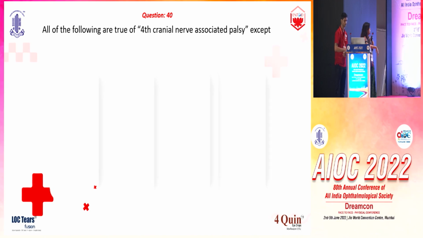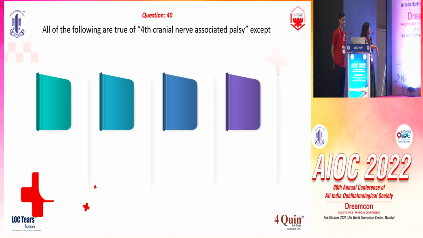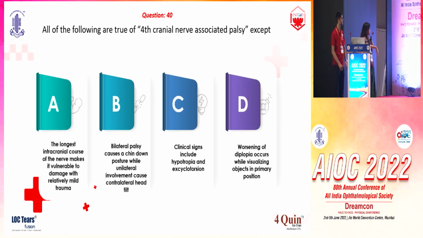Okay, next. All of the following are true of fourth cranial nerve associated palsy except. It has the longest intracranial course of the nerves, which makes it vulnerable to damage with relatively mild trauma. Bilateral palsy causes a chin down posture, while unilateral involvement causes contralateral head tilt. Clinical signs include hypotropia and cyclotorsion.